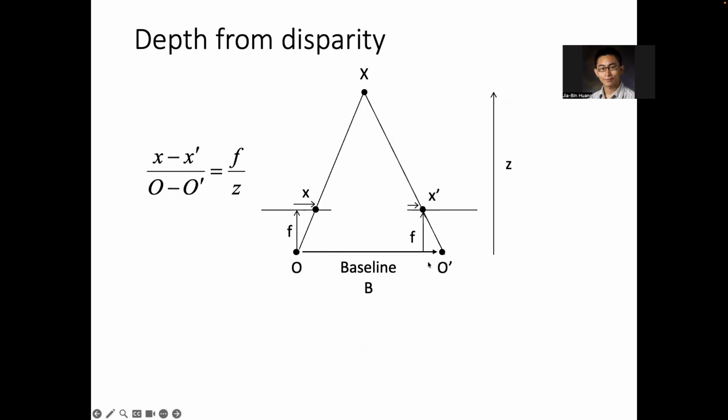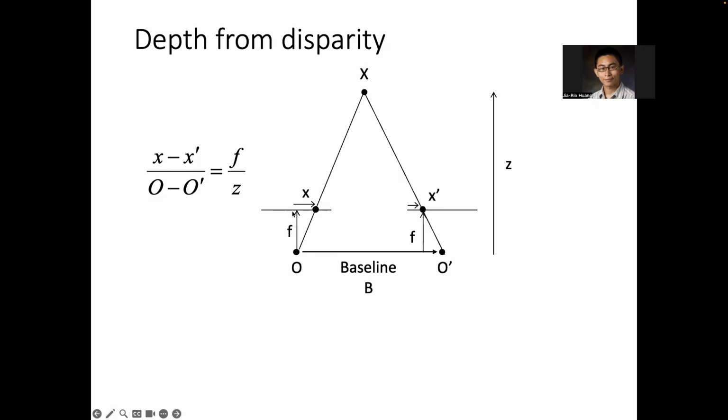So if you look at one point in the 3D space, you want to determine how far that point is. You can write that from something called similar triangles, right? So where is the similar triangle? It's the distance between the baseline. Basically, there's a disparity, this x and this distance to the baseline.